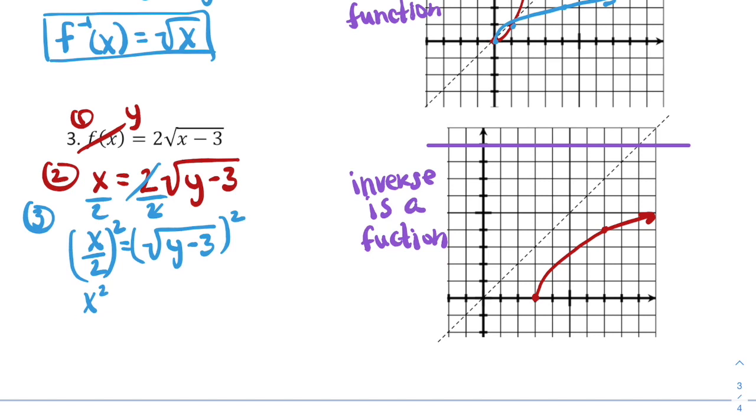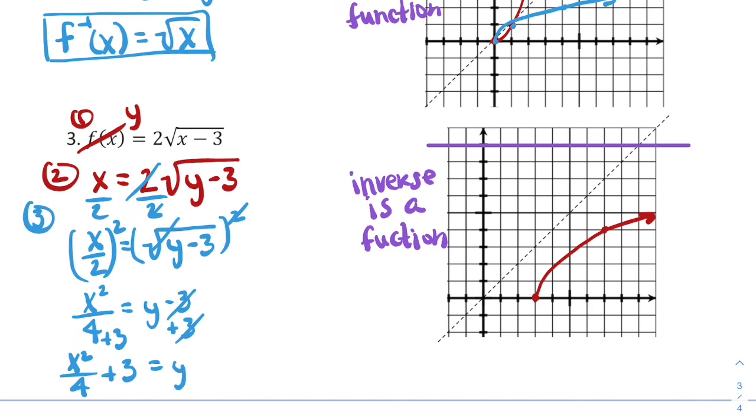So we're going to get x squared over 4 because 2 squared is 4. And then this cancels with that, and we're left with y minus 3. All right, so continue solving. We just need to add 3 to both sides. So plus 3 on both sides, and that leaves us with x squared over 4 plus 3. These cancel, leaving us just y.